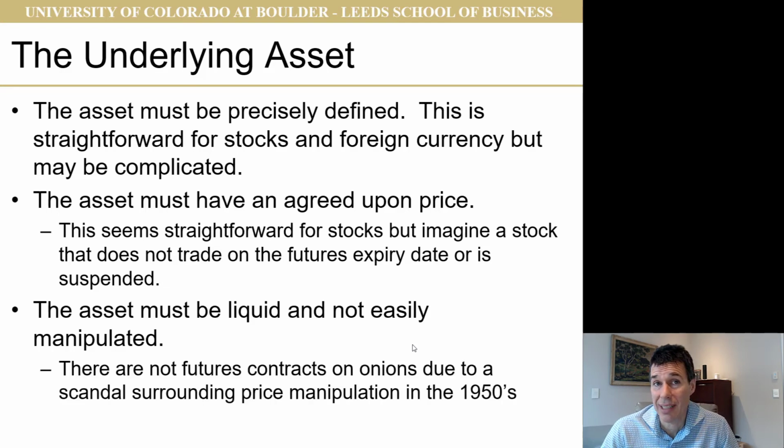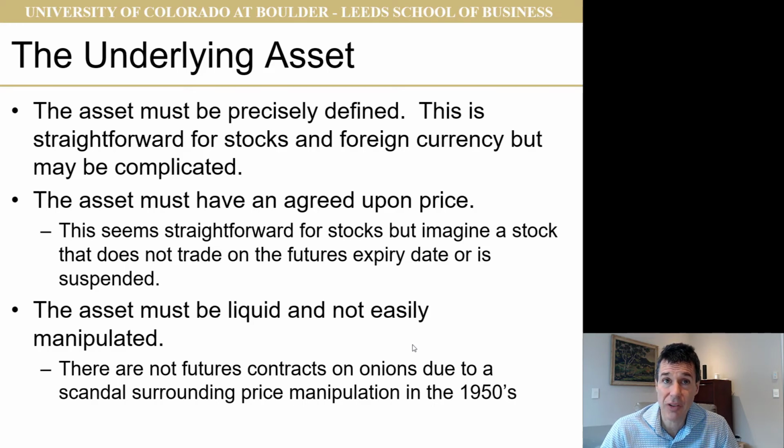An interesting example in the agricultural world, and I've posted a podcast on this, is that there are no futures contracts on onions. And the reason there are no futures contracts on onions is because somebody in the 1950s basically bought them all. He cornered the market on onions and made a ton of money off of futures trading.